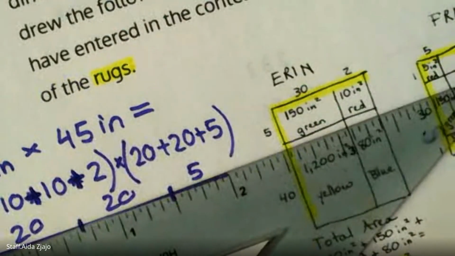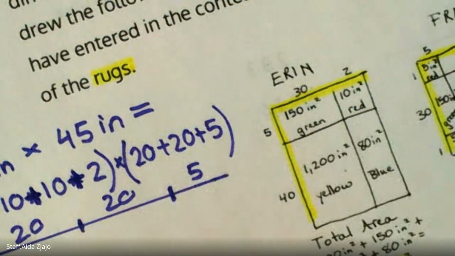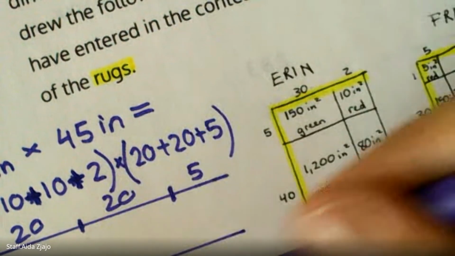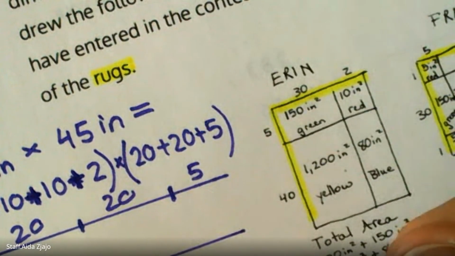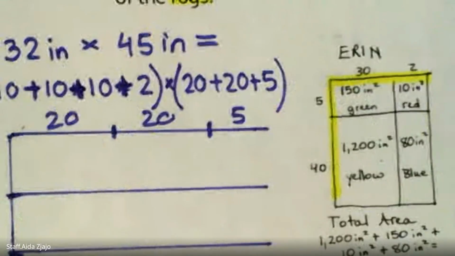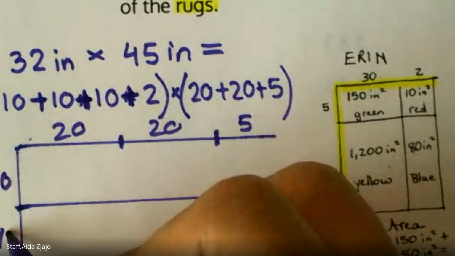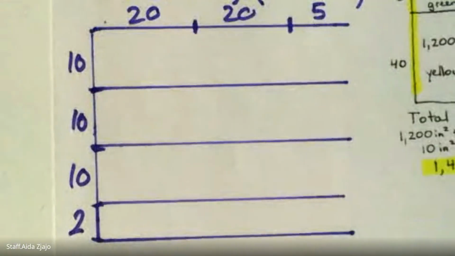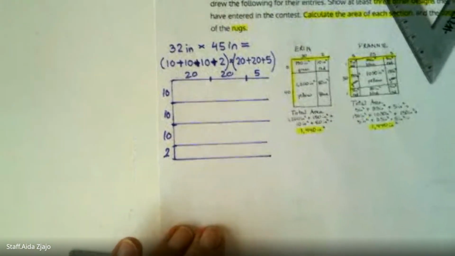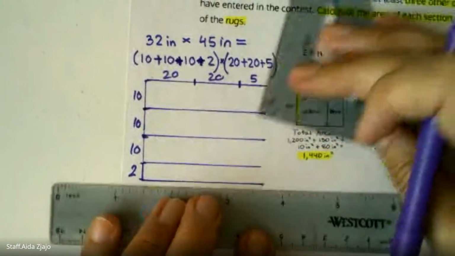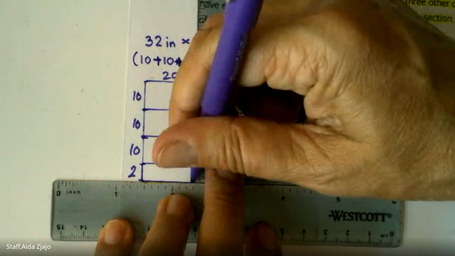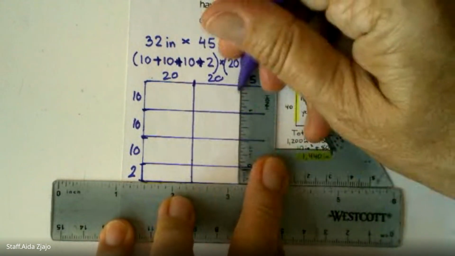Let's make each separate section, 10, 10, 10, and 2. Oops, I can't see that. Sorry, guys, I apologize. I'm going to separate that.